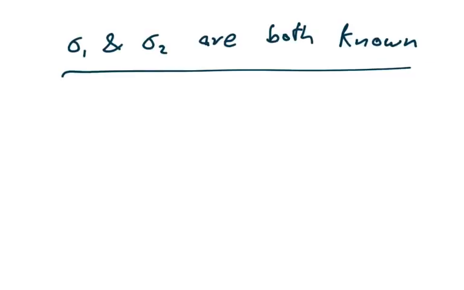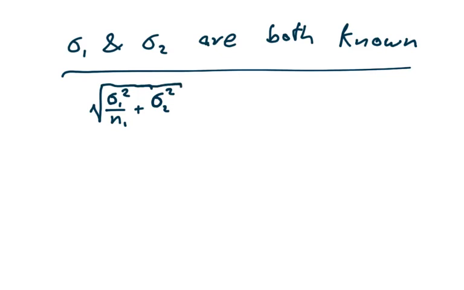So, the standard deviation for this distribution, the difference in our populations, is going to be the population variance for the first population divided by the sample size for that first population. And then second of all, it's going to be the variance for the second population.